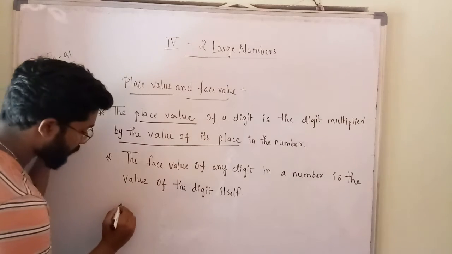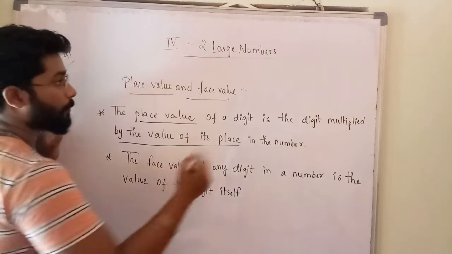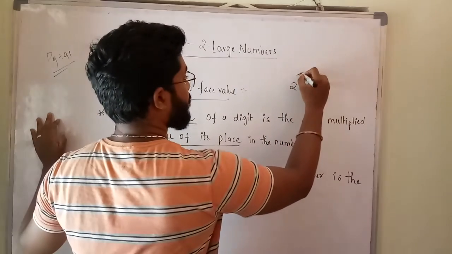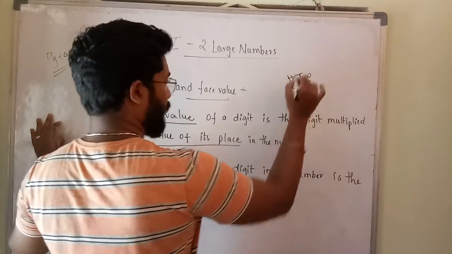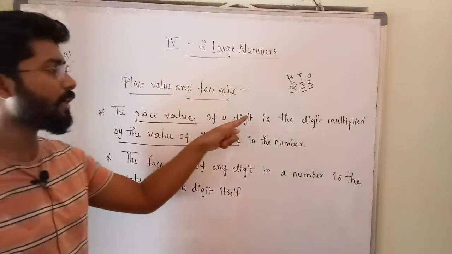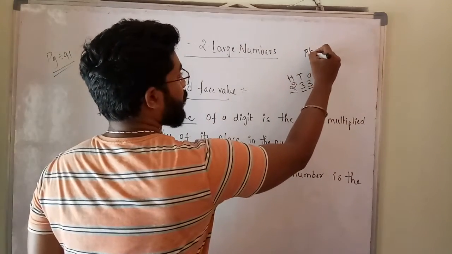Suppose, let us see here, 233 is there. In 233, the 3 is in the ones place, the other 3 is in the tens place, and this 2 is in the hundreds place. Suppose he is asking the place value of 2.